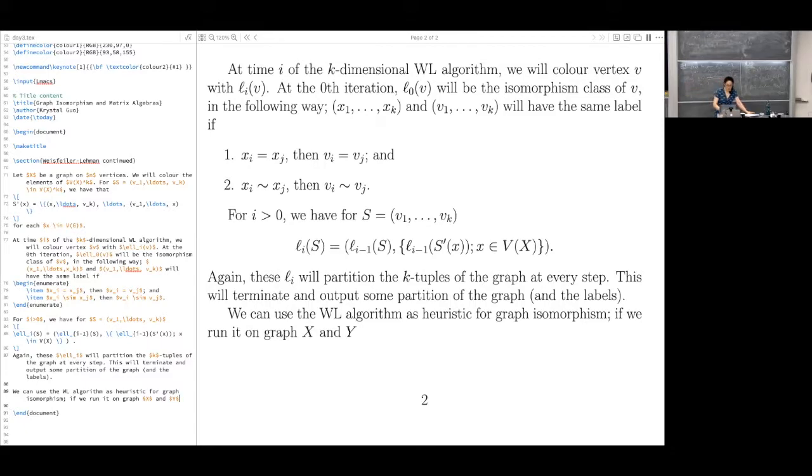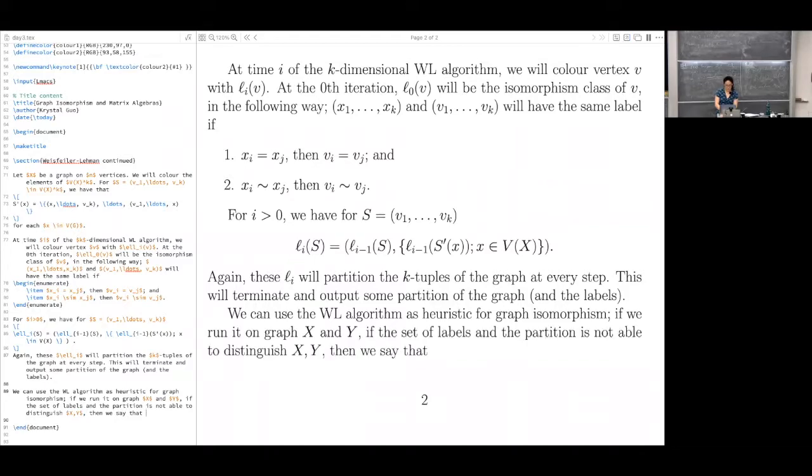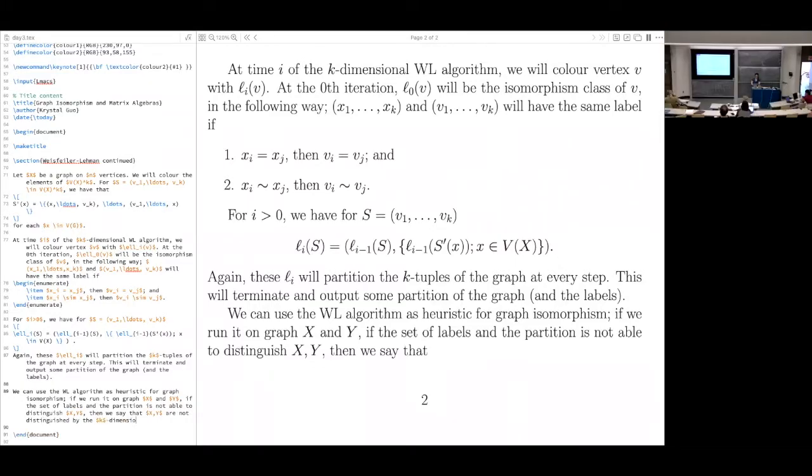Okay, so if the set of labels and the partition are not able to distinguish x and y, then we say that x and y are not distinguished by the k-dimensional Weisfeiler-Lehman.